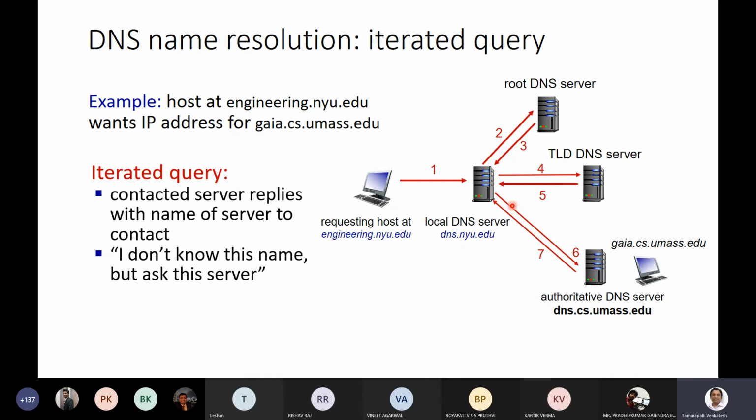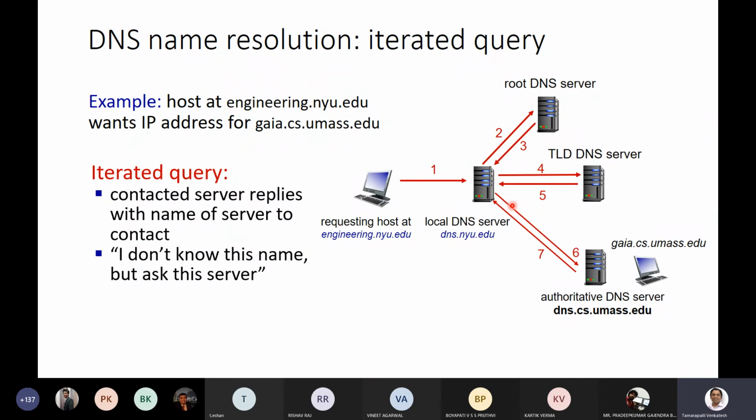So you are directly asking first the root DNS level, what is the IP address for gaia.cs.umass.edu. Then the root DNS server would say that I don't know, but you can contact so and so TLD DNS server. So it will give you the name of the TLD DNS server and its IP address.